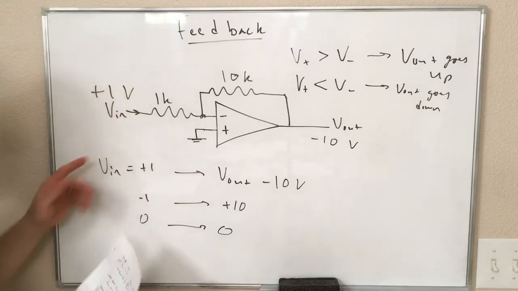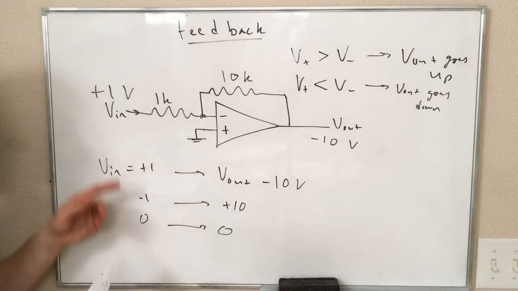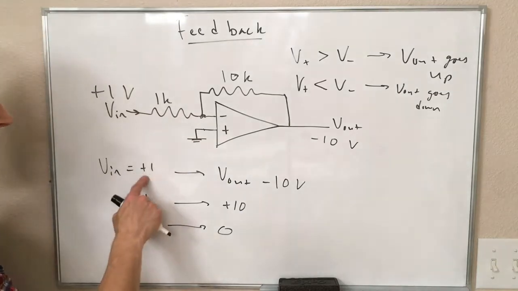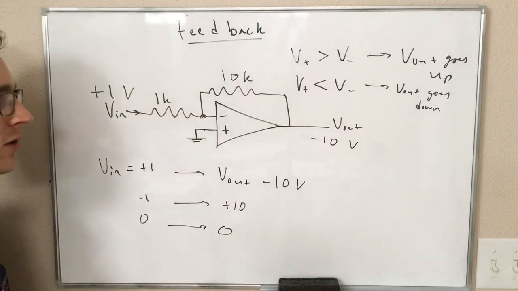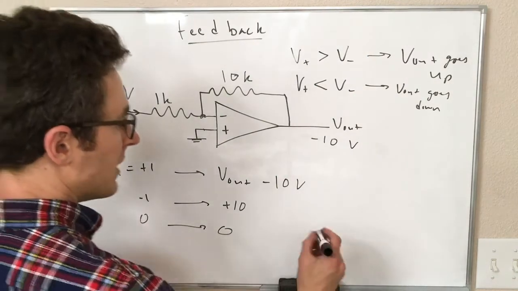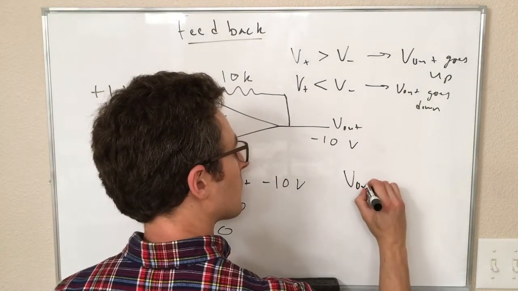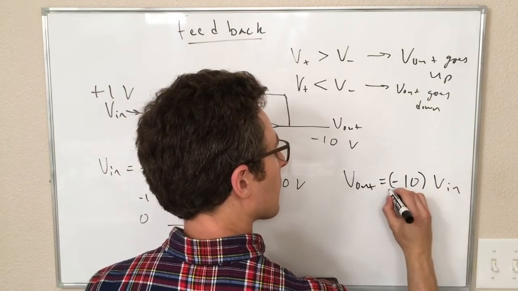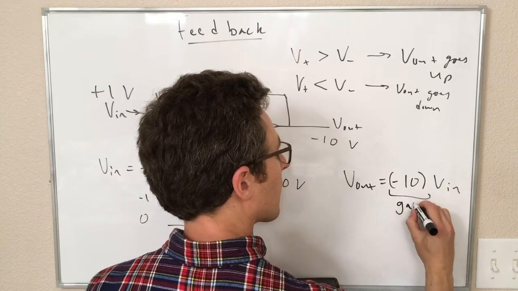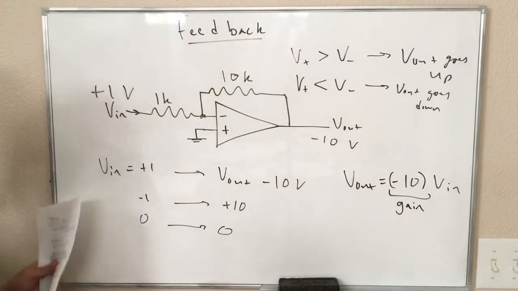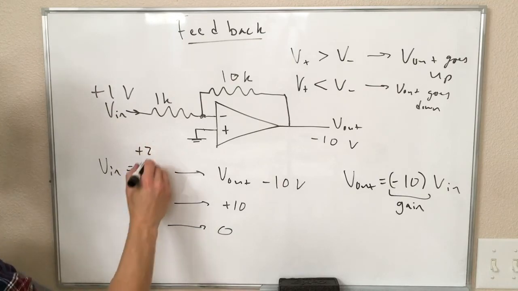Anyway, from these few points, you might be able to guess this circuit is an amplifier. It is amplifying the input voltage by a factor of -10. So this is an amplifier with a gain of -10. All right, so what happens if we have an input voltage of +2 volts?